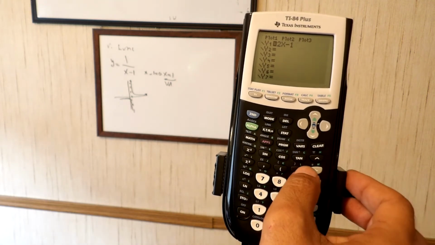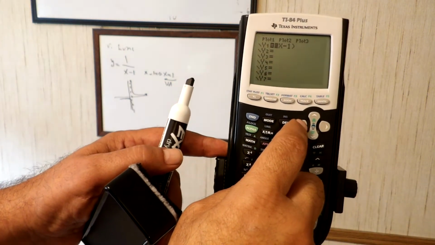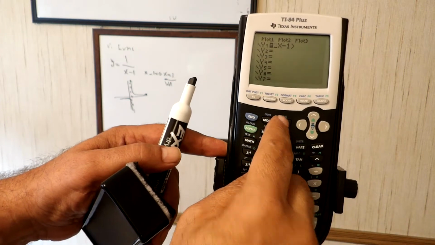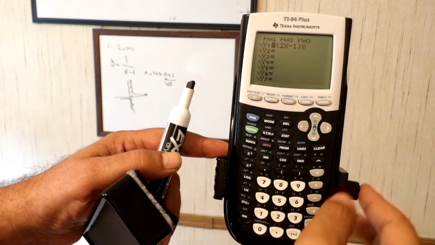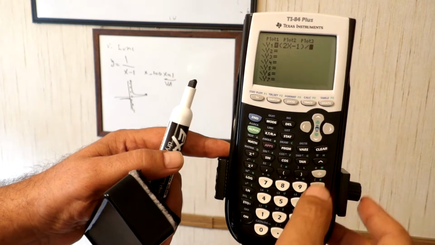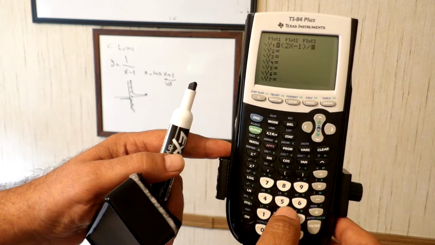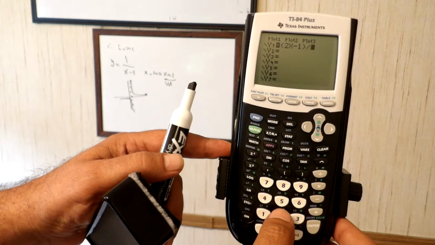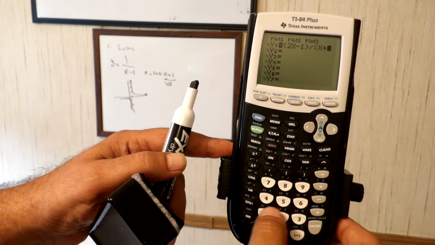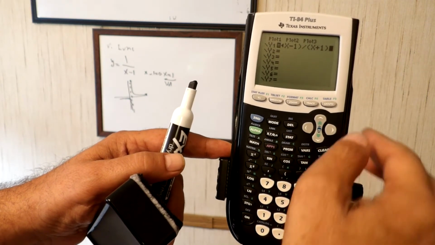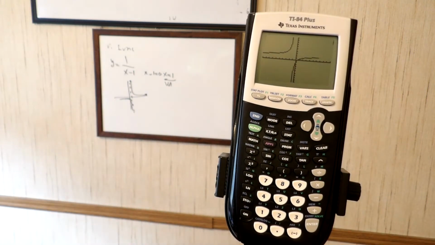You better use parentheses. You add a parenthesis here and then divide it by x plus 1, or whatever. And then you graph, and it graphs it for you.